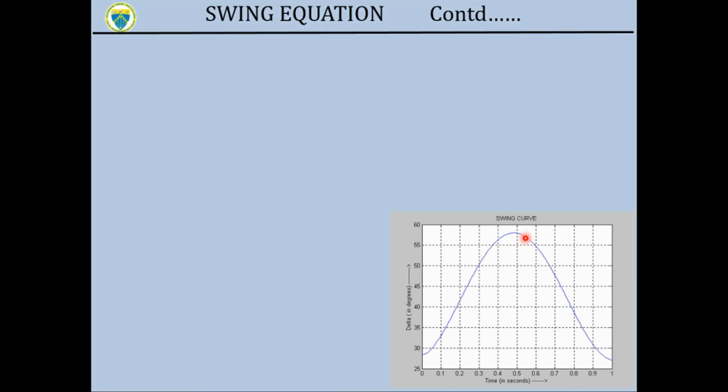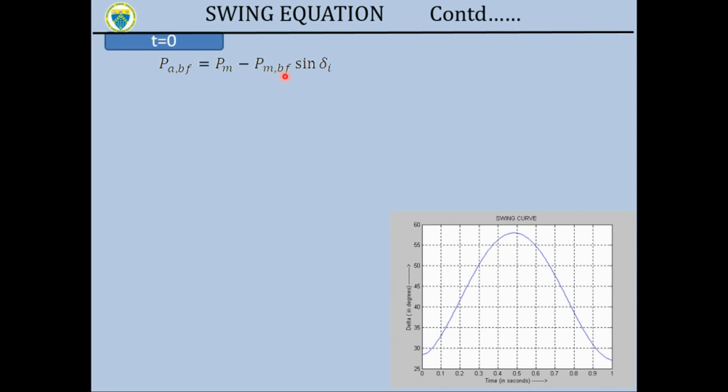Now, how to write the program? There are 4 blocks you should focus on. One is at T equal to 0. Evaluate before fault, PABF. All these equations have already been explained, and how to obtain this PMBF was also explained in the previous slide.